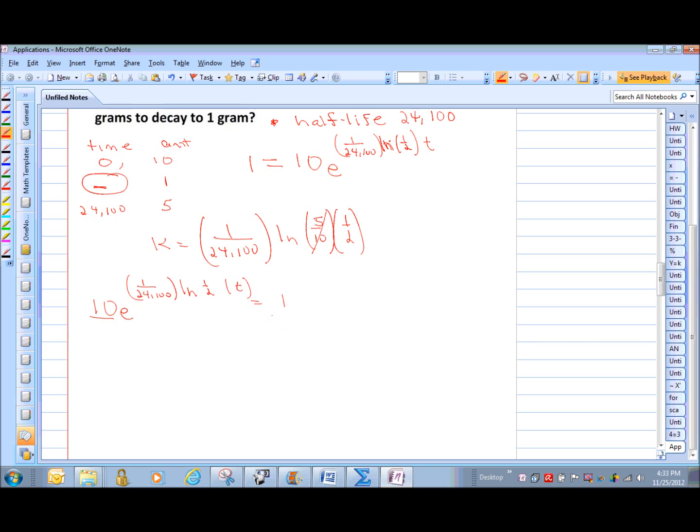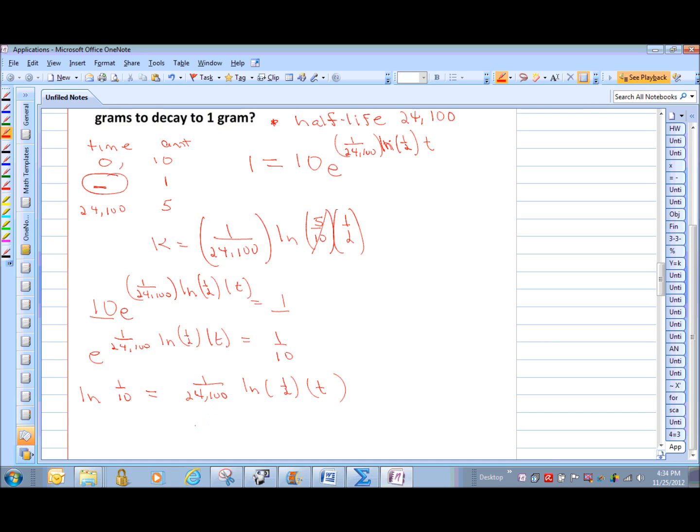The very first thing we would do would be divide by 10 on both sides, and we would have e raised to the 1 over 24,100 ln 1/2 times t equals 1/10. The next thing, we're stuck in an exponential equation, so we would need natural logarithms, and so we would ln both sides, and we would have ln 1/10 is equal to 1 over 24,100 ln 1/2 t.